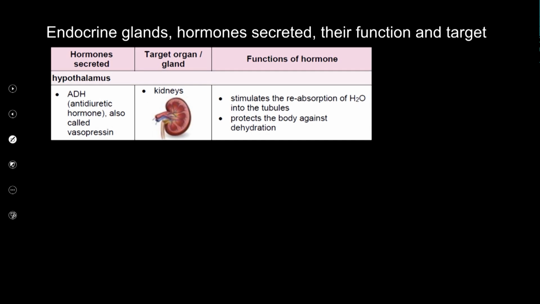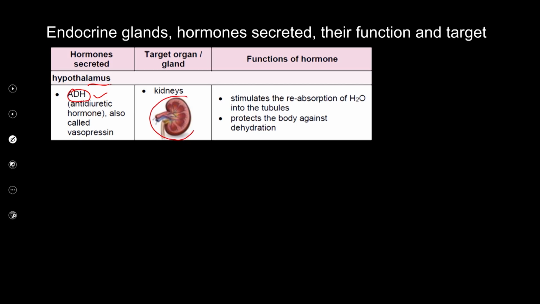Now, if you look at this table, it's going to make your life easy to understand and remember the hormones and their targets and functions. So we start at the top again. We're looking at the hypothalamus. The hypothalamus secretes ADH. I said for you to write down this name, or it's going to be a little bit difficult. You are allowed to use the acronym. It's called ADH, or vasopressin if you want to use that word. But what is the target of this hormone?